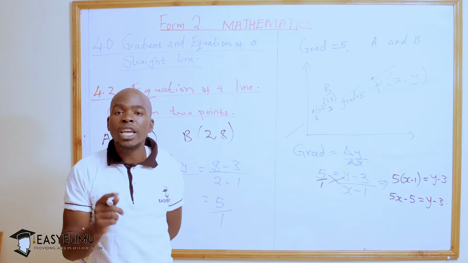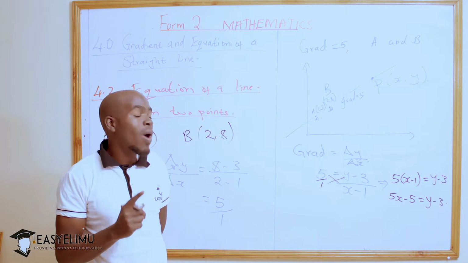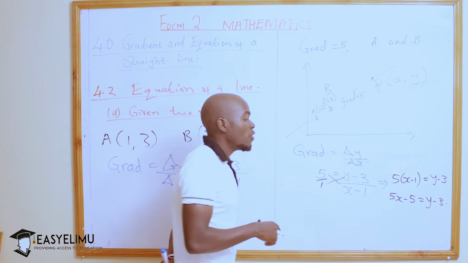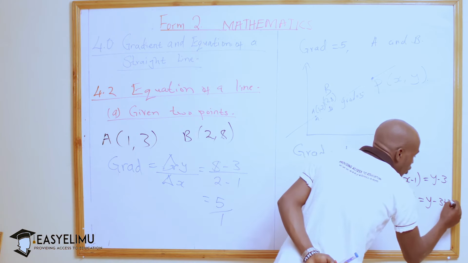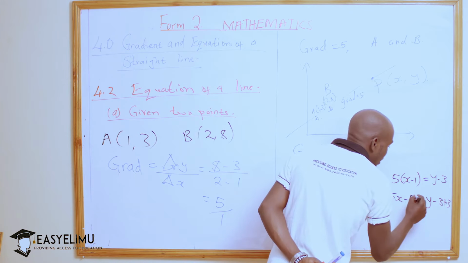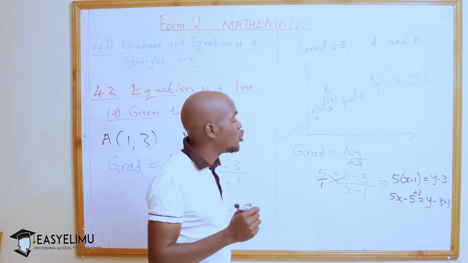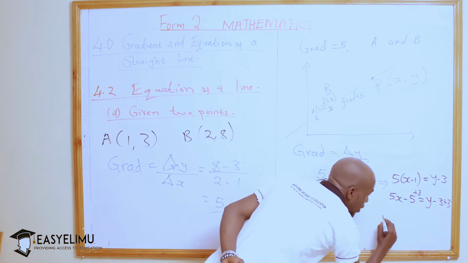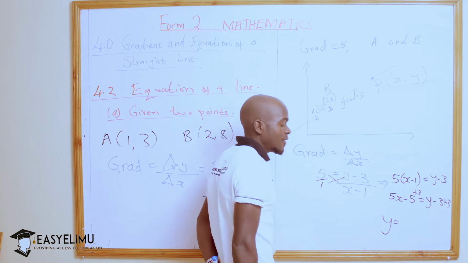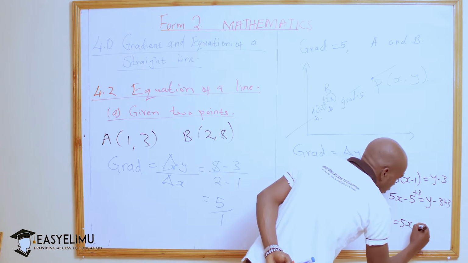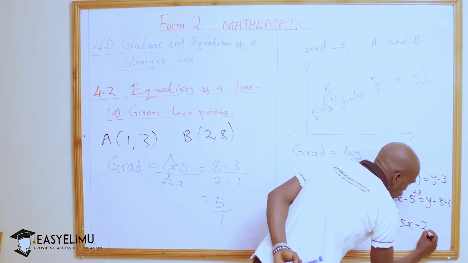If we need y to be the subject, then we shall add 3 on both sides to eliminate 3 on the right hand side. On doing that, we end with y as 5x minus 2.